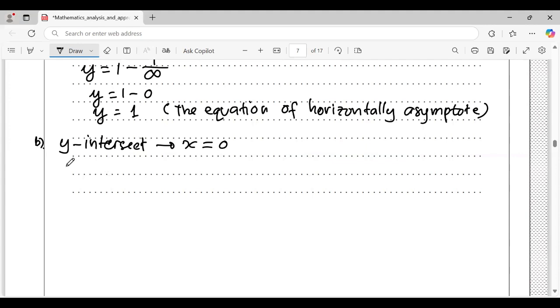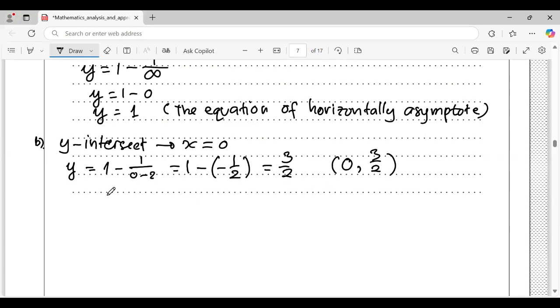If x equals 0, this function becomes y equals 1 minus 1 divided by 0 minus 2, or 1 minus minus 1 half. So it is 1 plus 1 half, equals 3 halves. So the intersection point on the y-axis is the coordinate point (0, 3/2). This is B part 1.